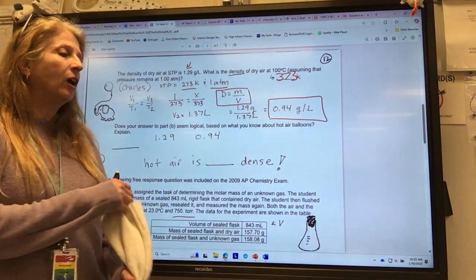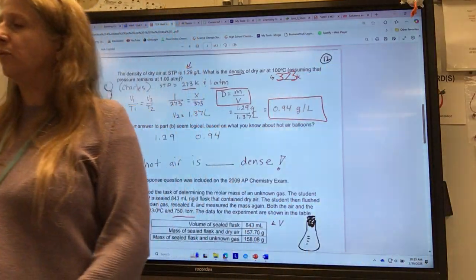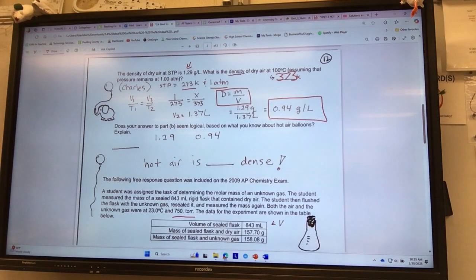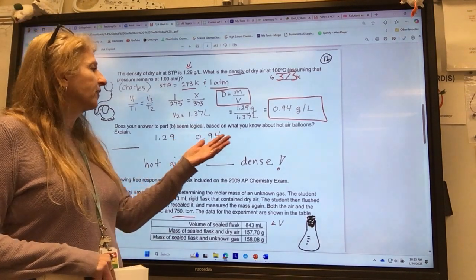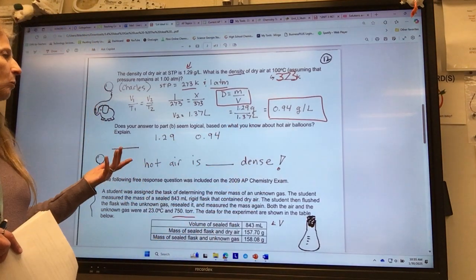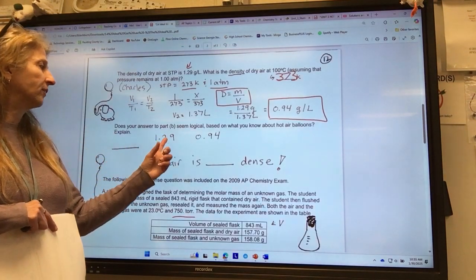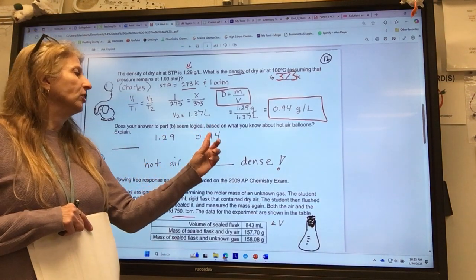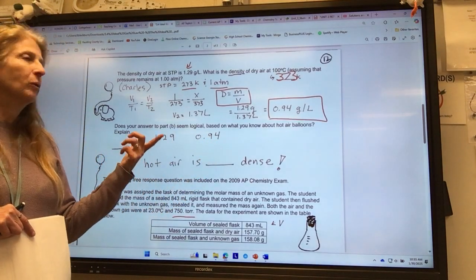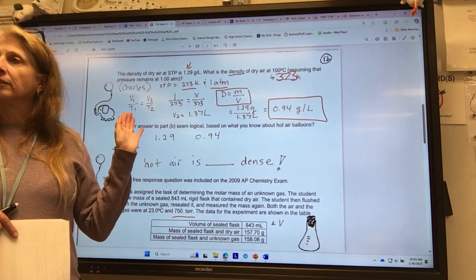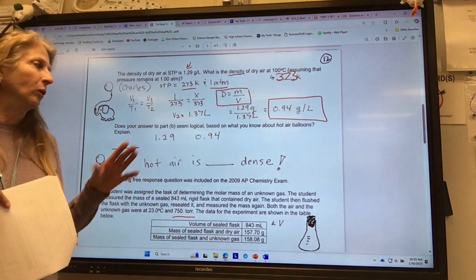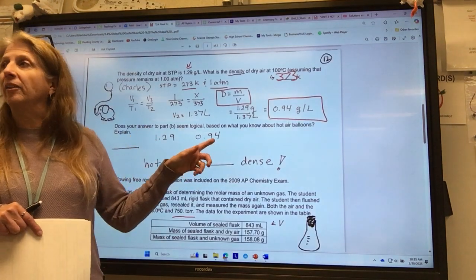Okay, so now in AP, they like those follow-up questions. So does this make sense? Is this logical based on what we know about hot air balloons? Well, our old density was 1.29. Our new density is 0.94, which is smaller. Wouldn't you rather have $1.29 than 94 cents?